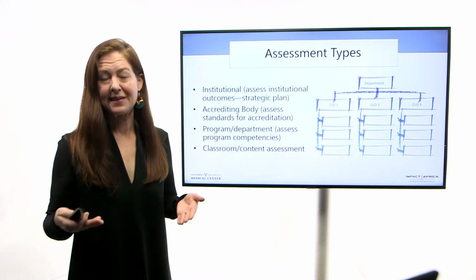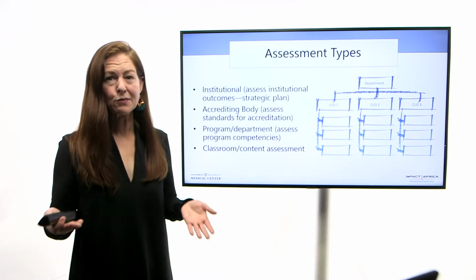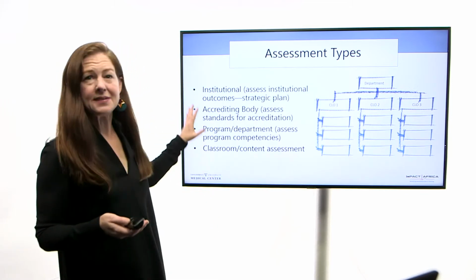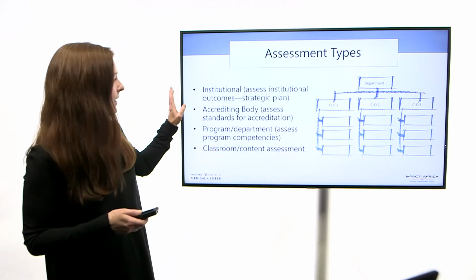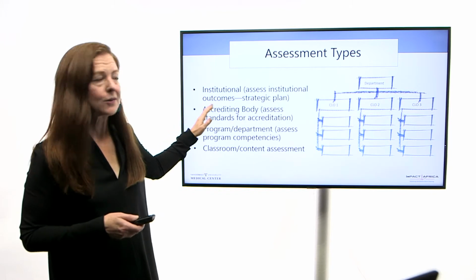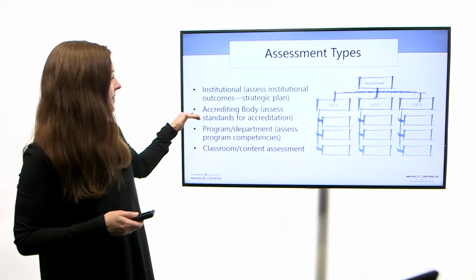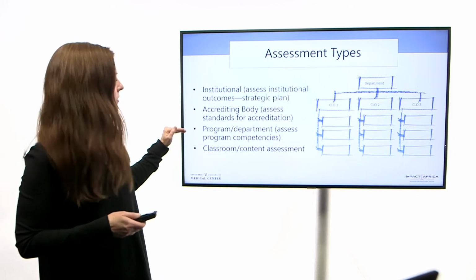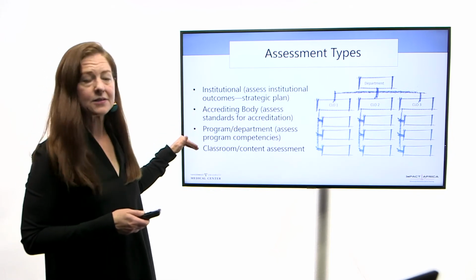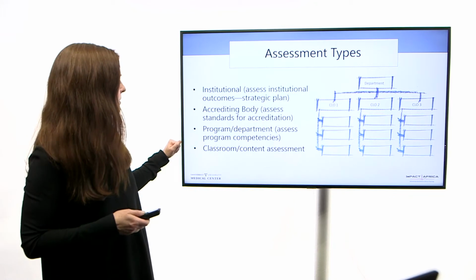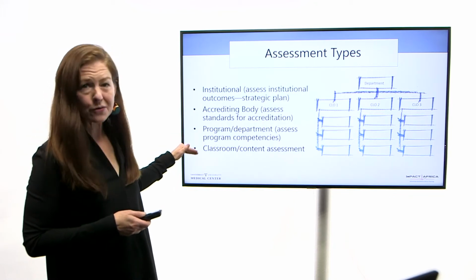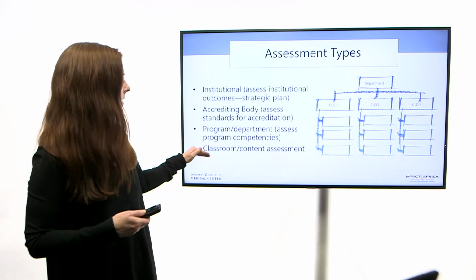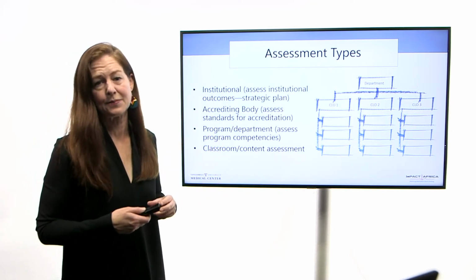Thinking about appropriate assessment and effective assessment requires that you know what you're assessing and for what purpose. Here are some different kinds of assessment that include, at the institutional level, strategic plans; at the accrediting body level, assessing standards for particular kinds of learners; program departments assessing program competencies; and for the purposes of this course, classroom content assessment.